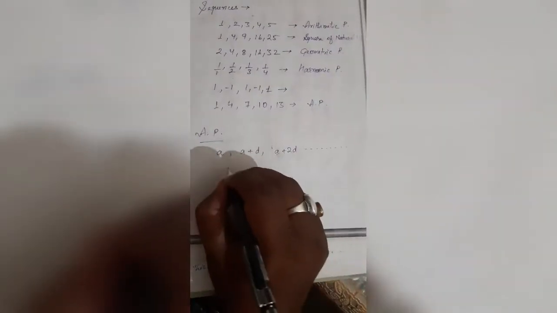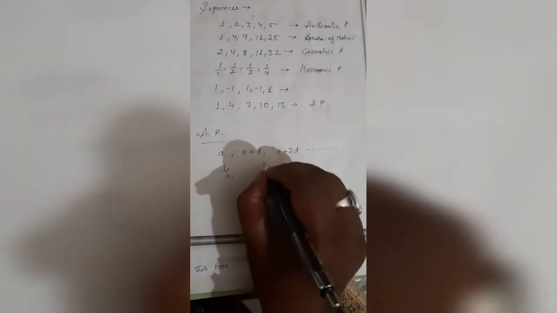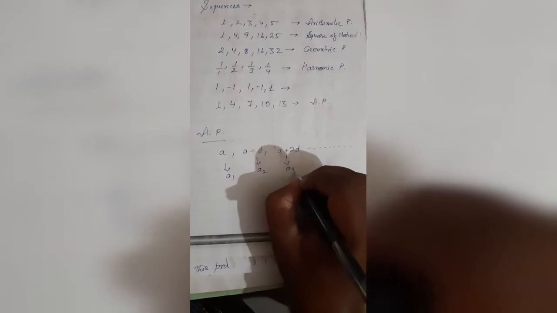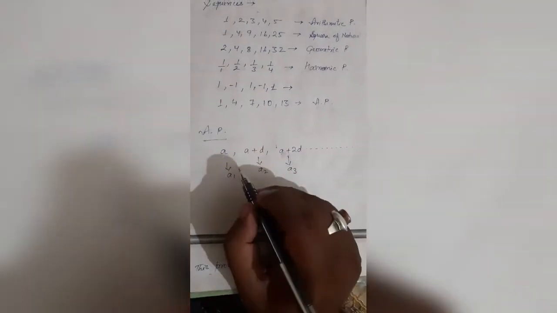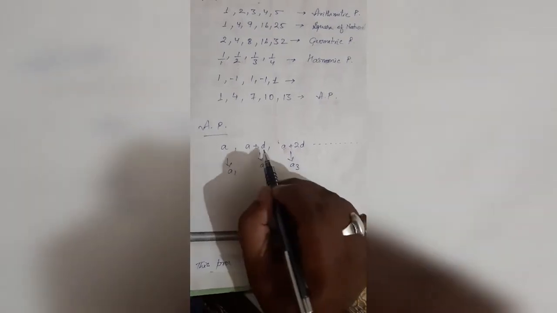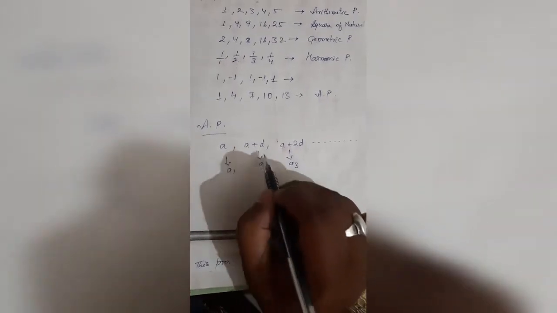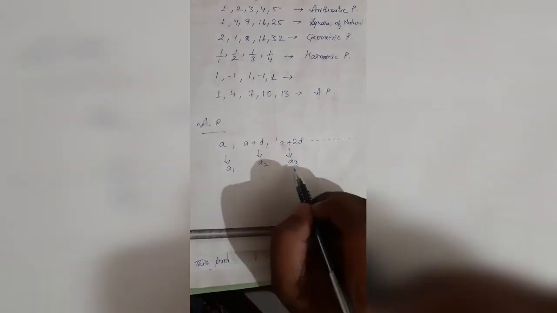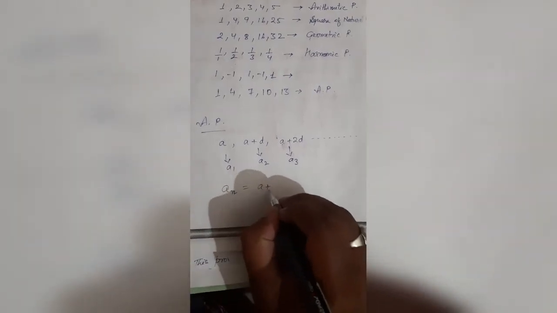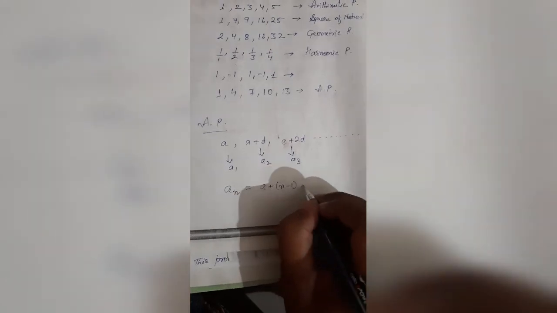Now if you say this is A1, this is A2, and this is A3, what you observe is that in A1 there is no D, in A2 there is 1D, and in A3 there is 2D. Similarly, the nth term is A plus n minus 1 times D. This is the general term.